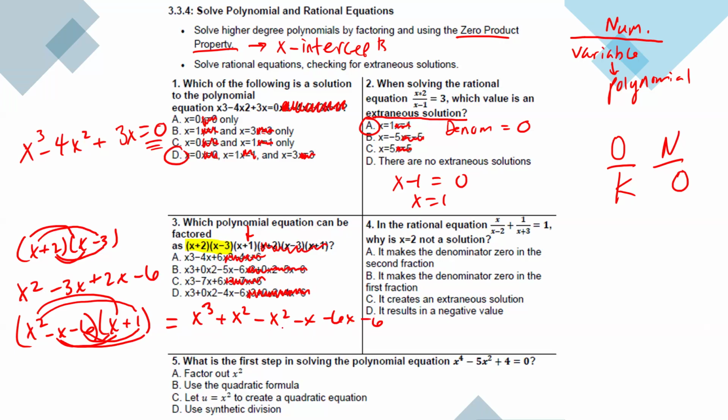So putting it all together, what do we got? We have x to the third. What happens to your x squareds? They cancel out. We have a negative x and a negative 6x, which makes negative 7x. And we have minus 6. So our simplified answer is, we're going to pretend that these are powers. So the answer would be C.